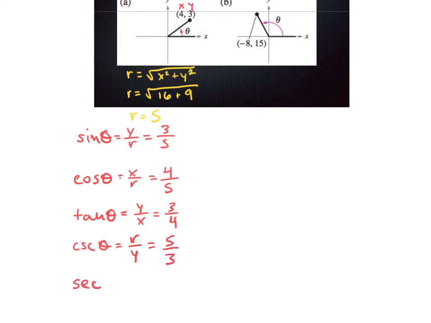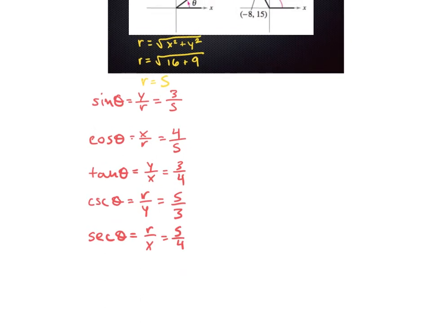Next, we have secant. What would secant of theta be? 5 over 4. And then lastly, cotangent. 4 over 3. Perfect. Any questions on this one?